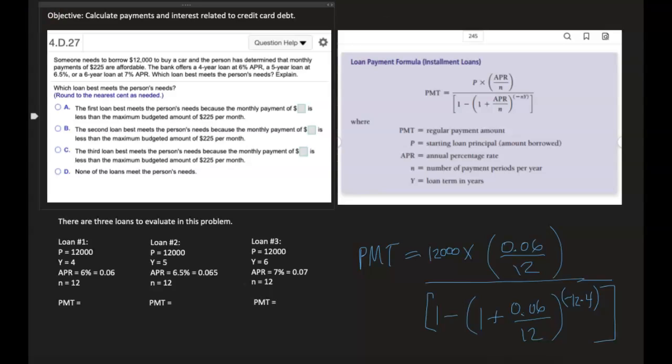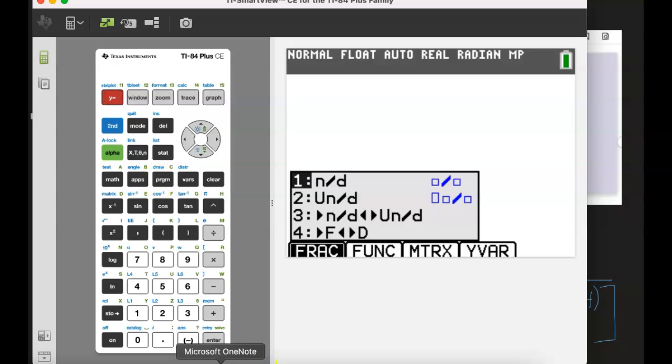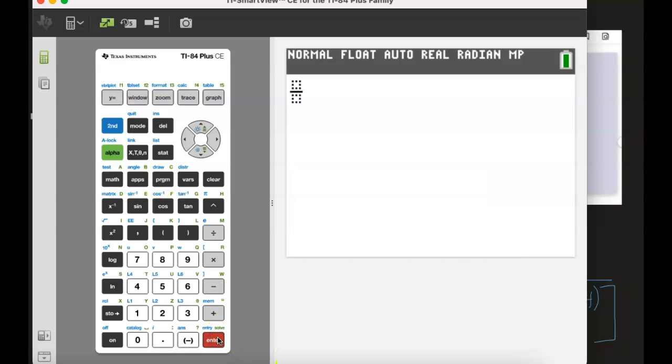So either pause this video or take a screenshot of the formula with the substitutions that we've made, because what we're going to do now is place that with those values into our home screen on the TI-84. First of all, this is like a complex fraction, or fractions within fractions. There's a lot of operations going on. And I'm going to start by bringing up the fraction. That was alpha y equals.